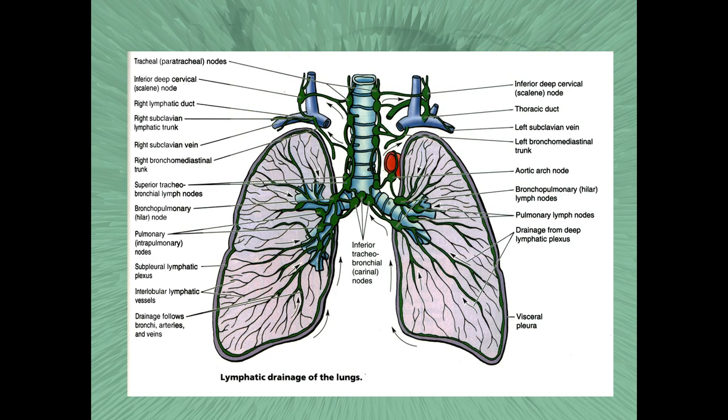Lymphatic drainage from the organs of the thoracic cavity. Let's look at the example of the lungs, because unfortunately cancer of the lungs occurs quite often as well, first of all because of the pollution of the environment.